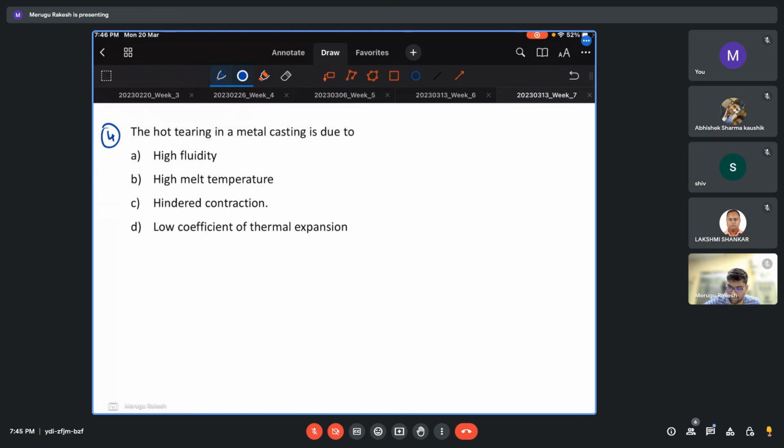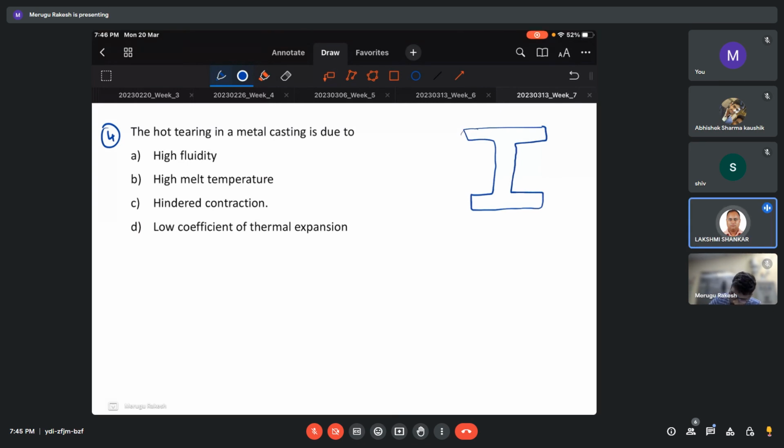Any idea what this hot tear is? Sir, option C, hindered contraction.